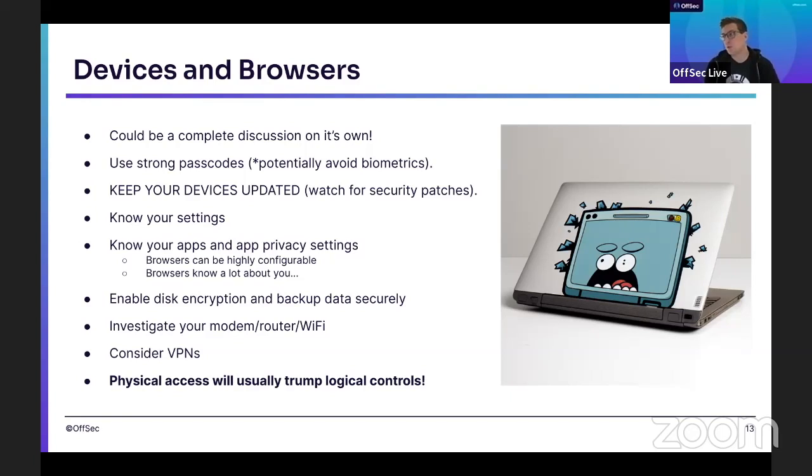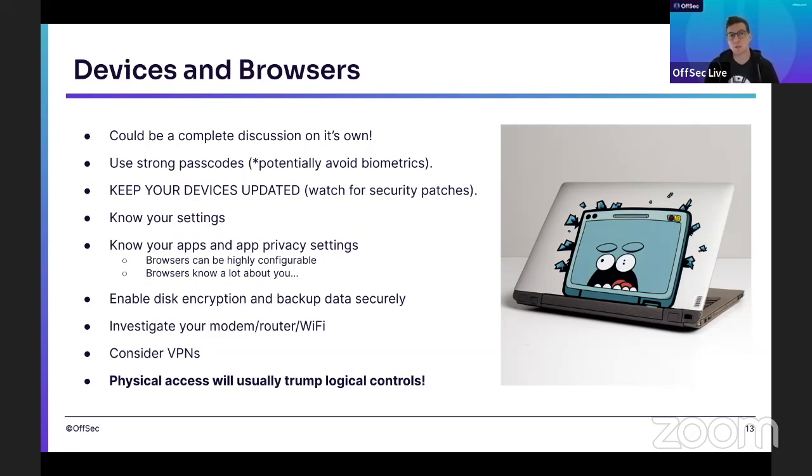And people take this pretty seriously. They can, again, go down a pretty deep rabbit hole of securing just devices and browsers. But I have some high level tips here. For example, use passcodes or passwords on your devices. You want it to lock, just in case you leave it somewhere or someone steals it.